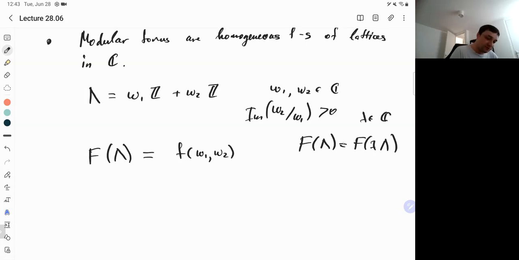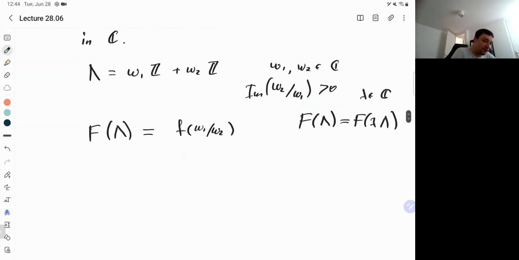That would include both rotations and homotheties of lattices. Then it's natural to take, instead of a function in two variables, a function in just the ratio of omega 1 and omega 2.